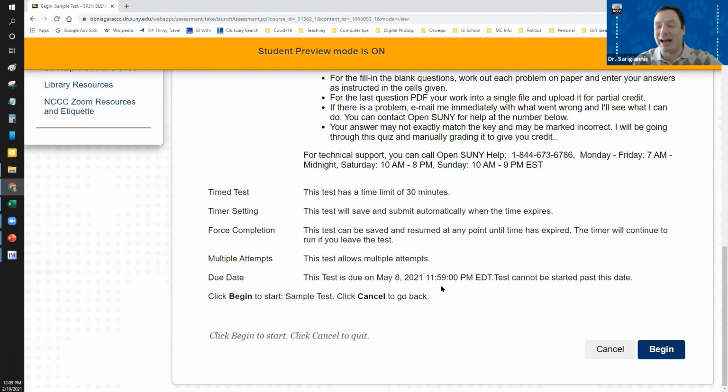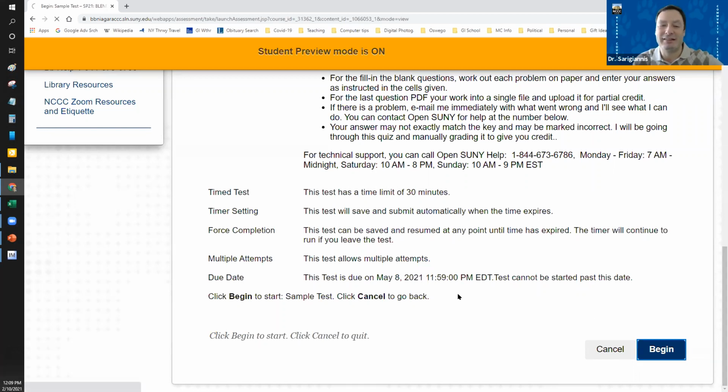You won't be able to get back in and finish your test because it'll be after the start date. I don't actually know how it works with continuation past the due date. So don't take the chance. Start the test with plenty of time to finish it before the due date or the due time.